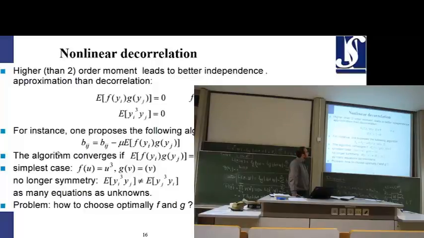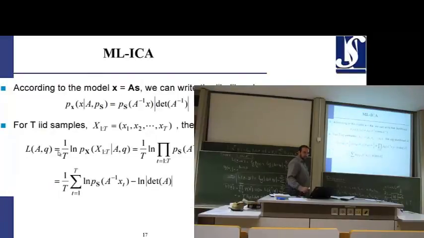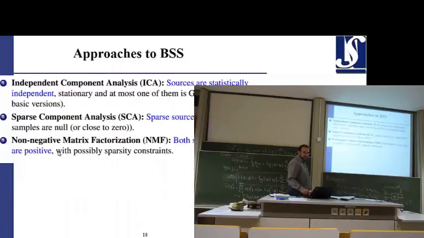So these are different methods that came up in the beginning, but finally they all turned out to be the maximum likelihood ICA, which I already explained.